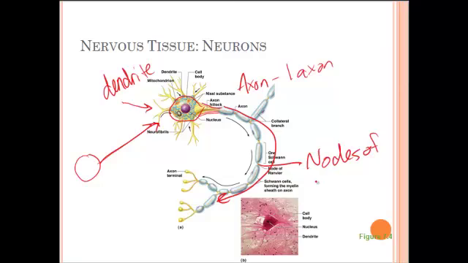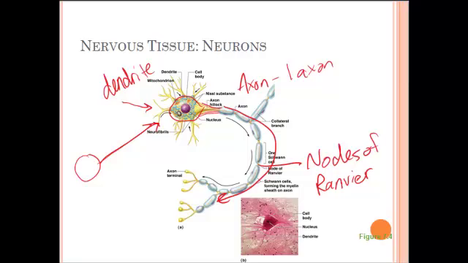These are called the nodes of Ranvier. And they're important in the movement of the electrical signal down the neuron. Because the myelination is like insulation, you have to have these little spaces to allow the signal to keep moving. That's what the nodes of Ranvier do.